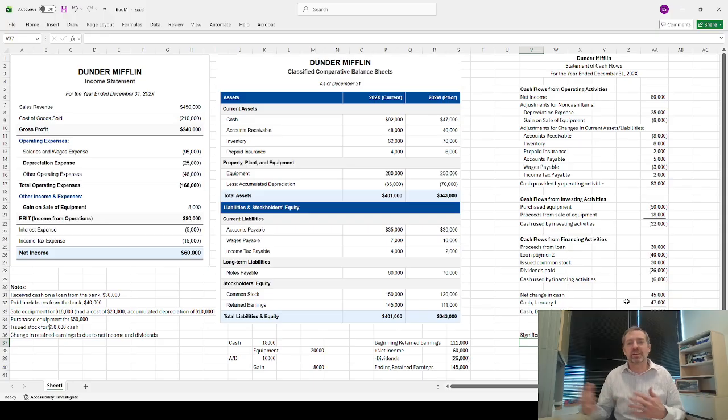So significant non-cash transactions. And depending on which homework platform you're using or whatever, this might look a little different. What we usually did is we would just write a description like purchased equipment with a loan, and then we might put an amount, $50,000, just as an example, where we said, all right, we purchased $50,000 of equipment with a loan.